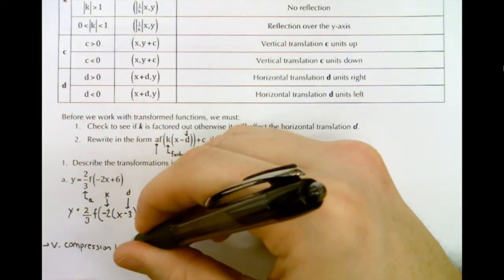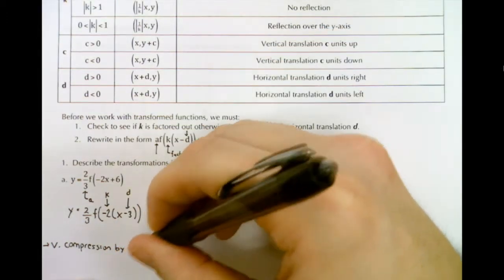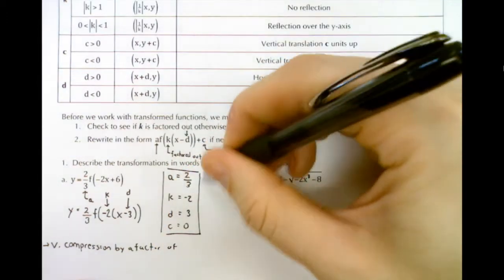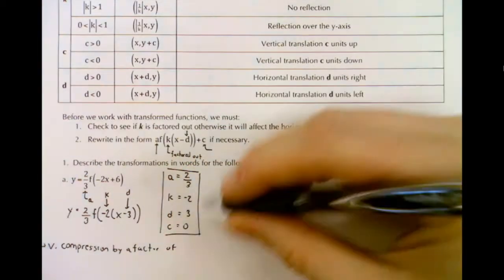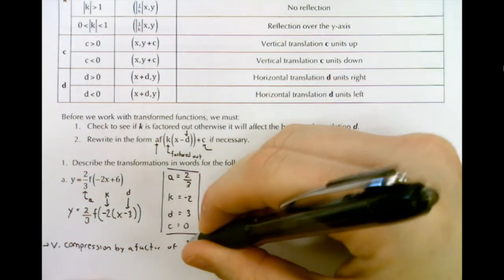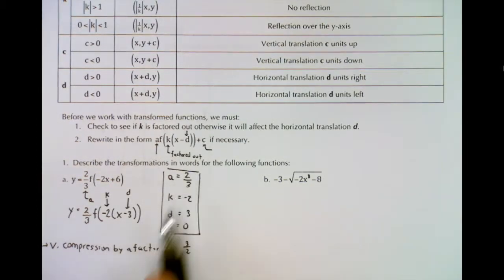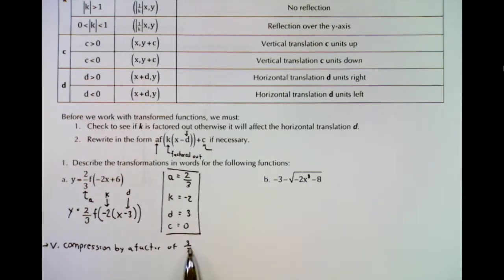If a is not a number bigger than 1, to write it as a factor, you flip it, 3 over 2. So this is saying take your y's and divide them by 3 over 2, which is the same as saying take your y's and multiply them by 2 over 3. Okay, that's why factor 3 over 2, bigger than 1, flipped it.